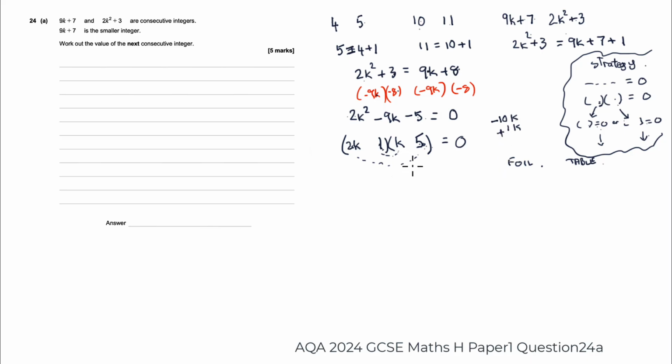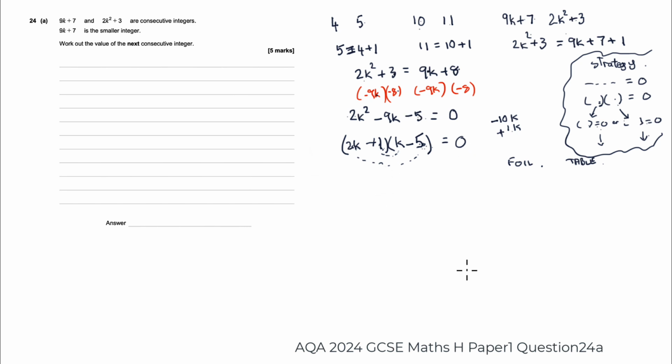So it's the 10k that's negative, negative 5 times the 2k, and it's the 1k that's positive. Now when we multiply this out, you can check, we will get 2k squared minus 9k minus 5.